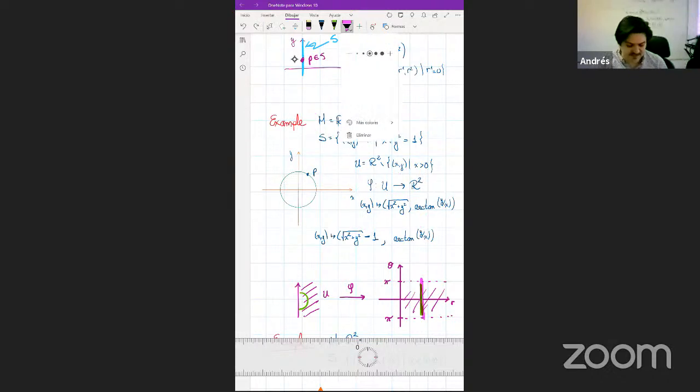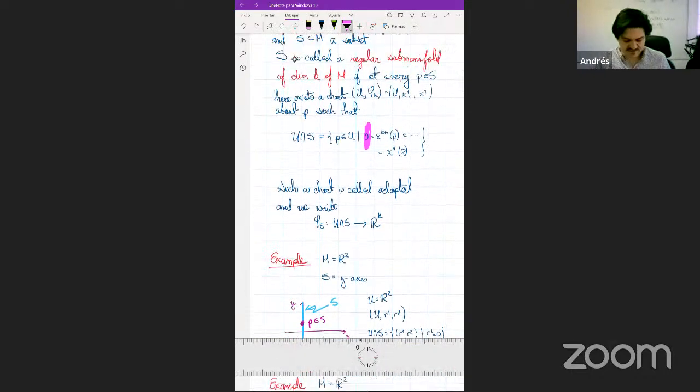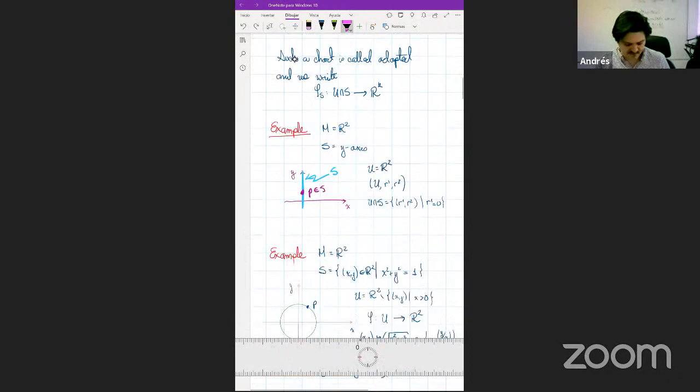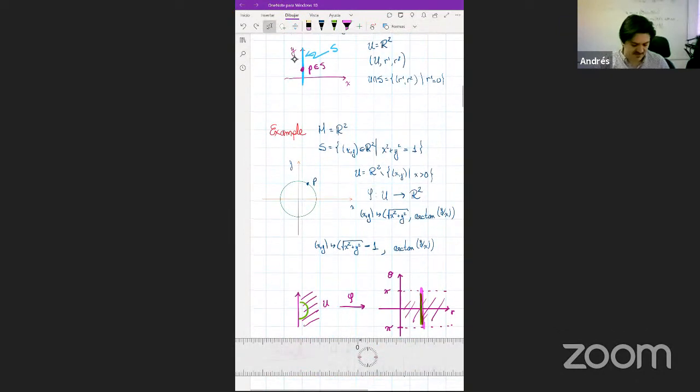So again, the whole idea of this concept that we have seen, regular submanifold, is that if you move in S, then there's a chart where you move freely in some directions, you have no constraint, but some other directions are constrained to be 0 or some constant.